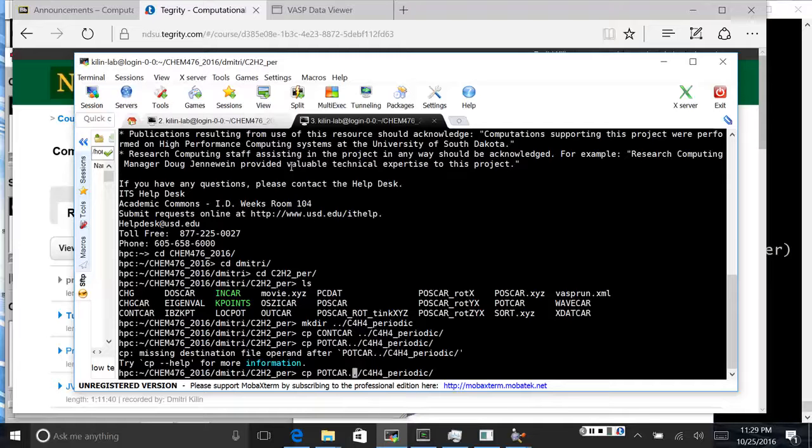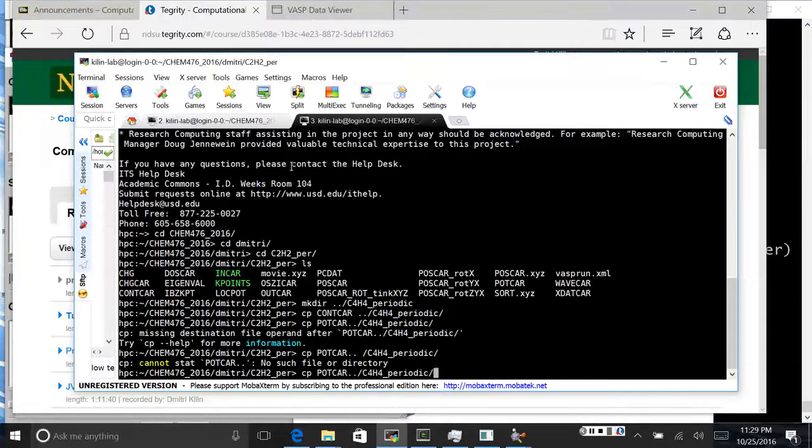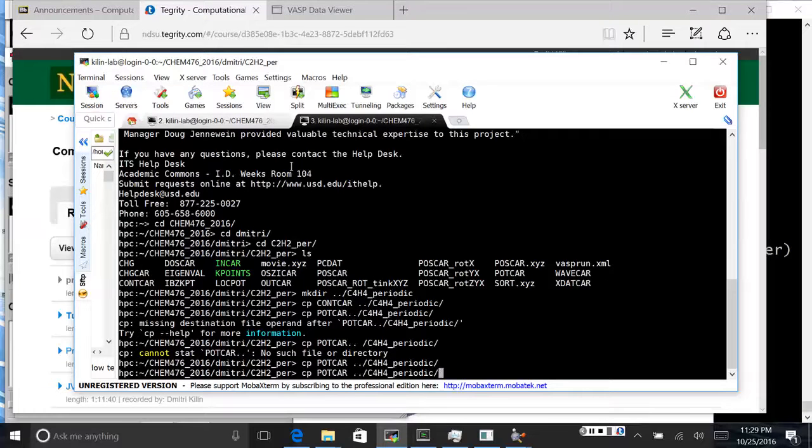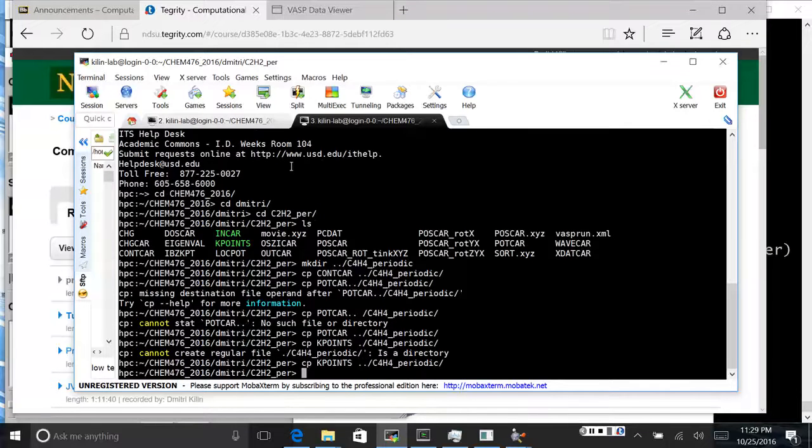I just need one more space. No, wrong place. CONTCAR space period C4H4. Now I do need to copy the KPOINTS and the file INCAR.